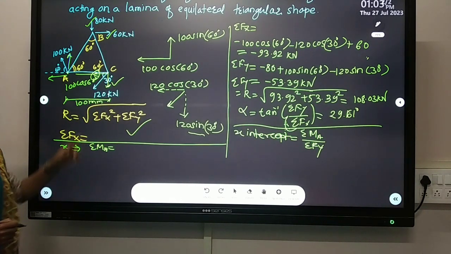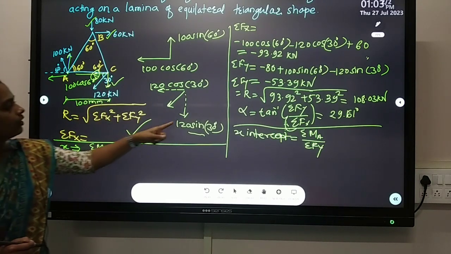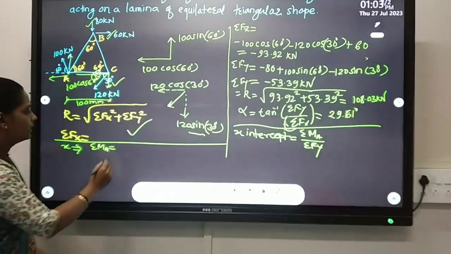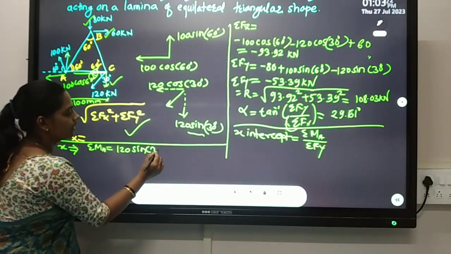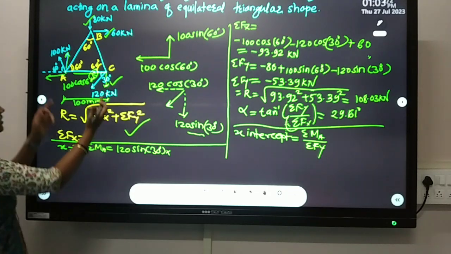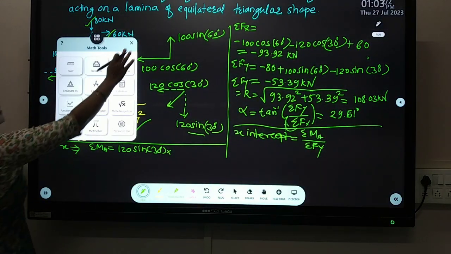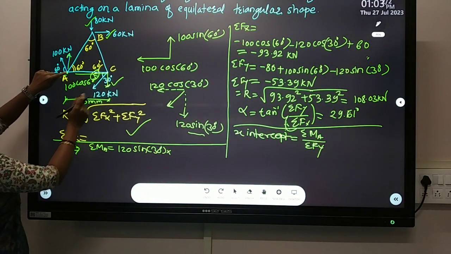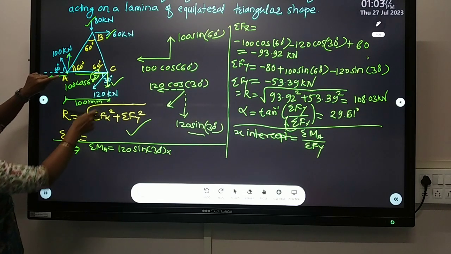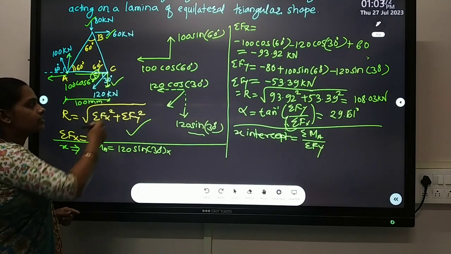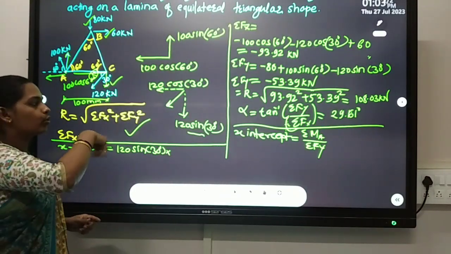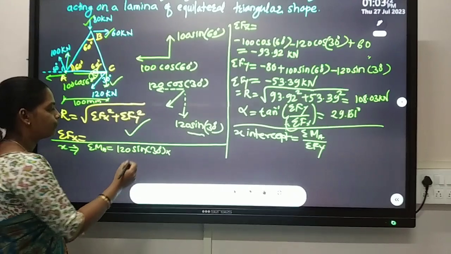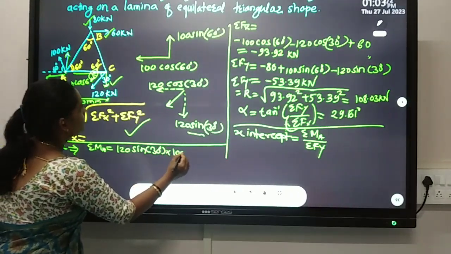So this vertical component 120 sin of 30, 120 into sin of 30 degree into the perpendicular distance is this much. And how does it rotate about point A? Clockwise, that is why taken as positive. The sign convention for moment: clockwise moments are taken as positive and anti-clockwise moments are considered negative, into 100.